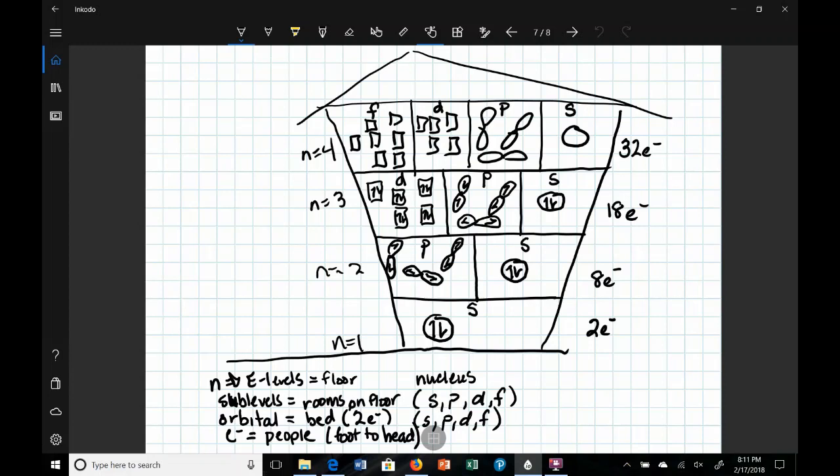You'd rather that guests be filled in each bed one at a time until the beds get full. Now, when we get up to the fourth and the third floor, notice that the third floor gets kind of crowded after the p room is full.